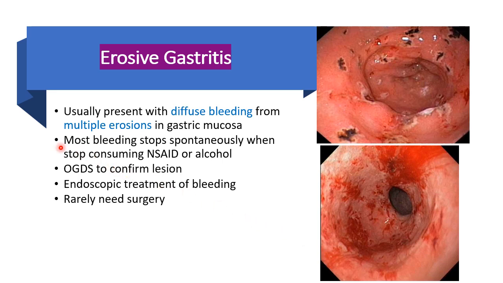Most bleeding stops spontaneously when the causative chemicals, especially NSAID or alcohol, are stopped. Oesophagogastroduodenoscopy (OGD) is used to confirm the lesion, and endoscopic treatment of bleeding is the treatment of choice. Rarely, these days, we need surgery to control the bleeding.